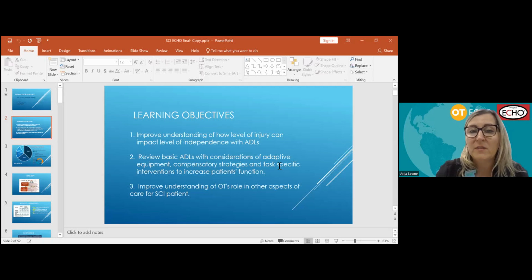We're going to review some basic ADL tactics, looking at compensatory strategies, equipment, and any interventions that we would focus on when caring for patients with spinal cord injury. And lastly, we hope that after this workshop, you'll understand a bit more about OT's role in caring for this particular population.